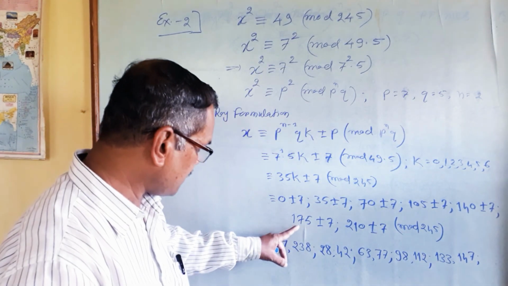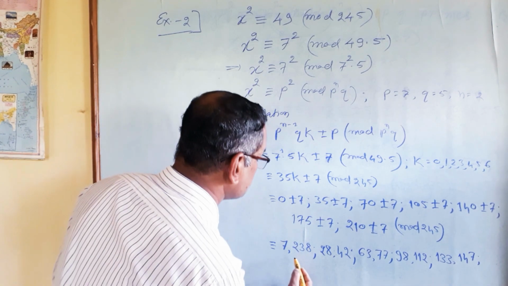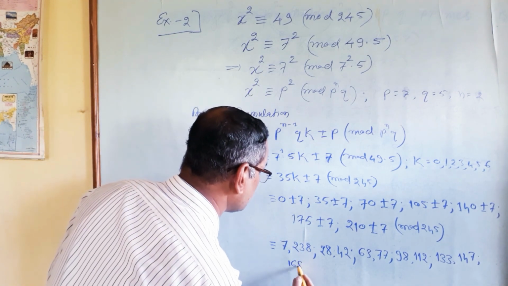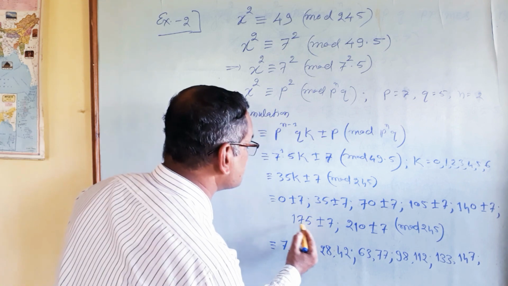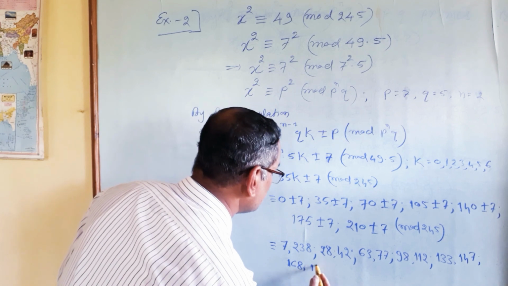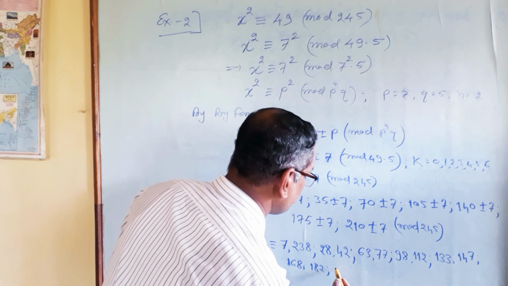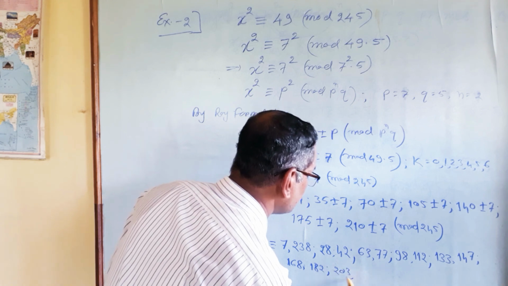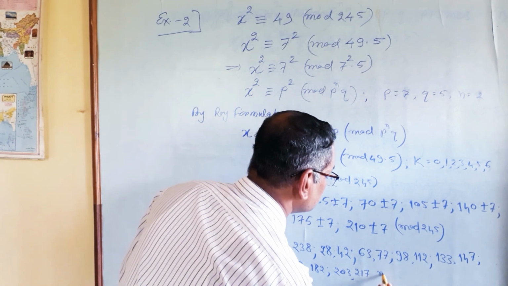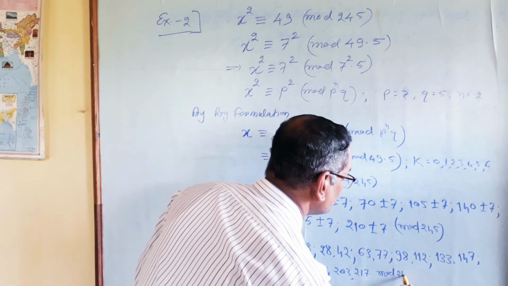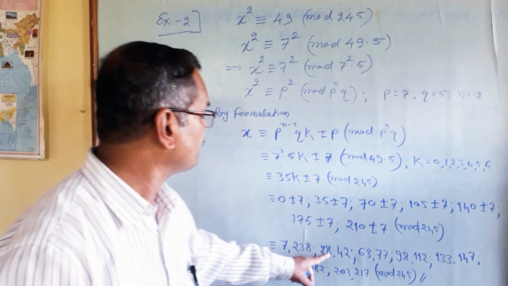And then here also 175 minus 7 is 168. And 175 plus 7 is 182. Here 210 plus minus 7 is 203 and 217 mod 245. So these are the 14 solutions.